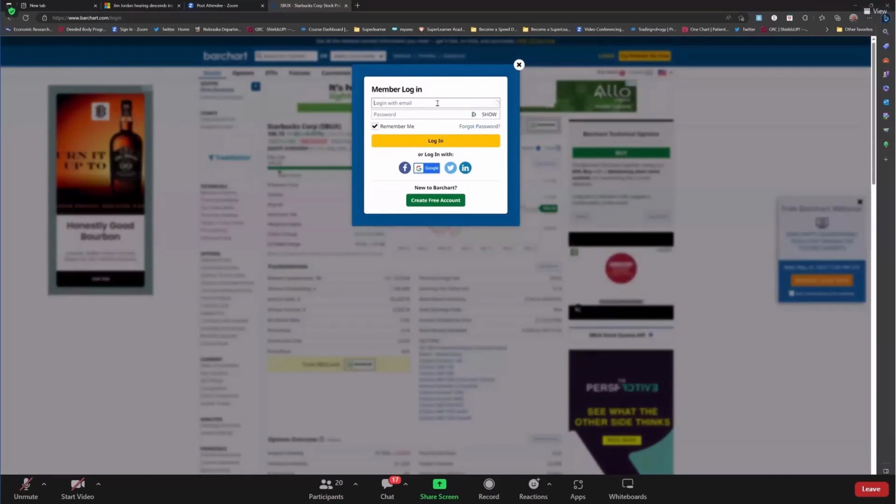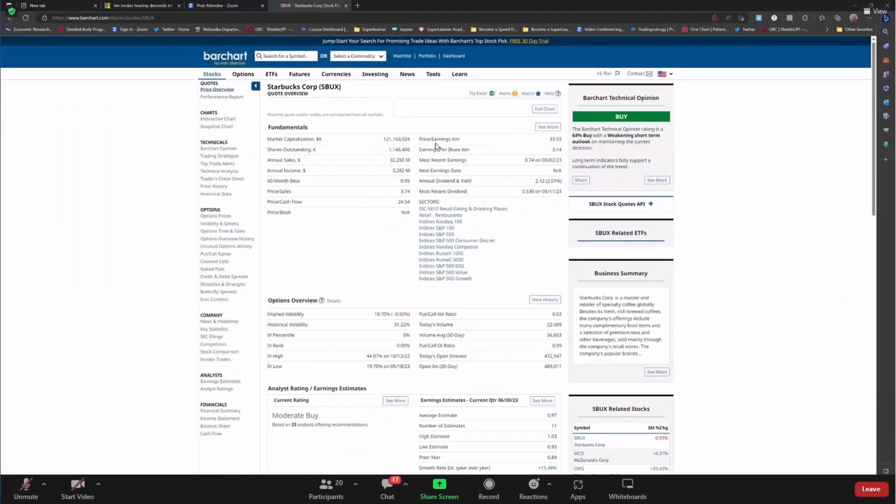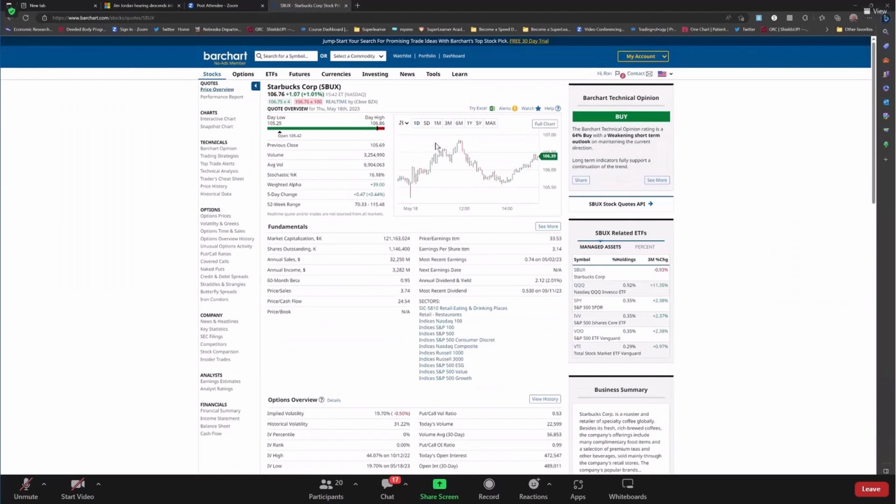Now see all the ads disappear. And you only have to log in once as long as you leave your browser open. All this information is in here. It tells what sector Starbucks is in and so on.